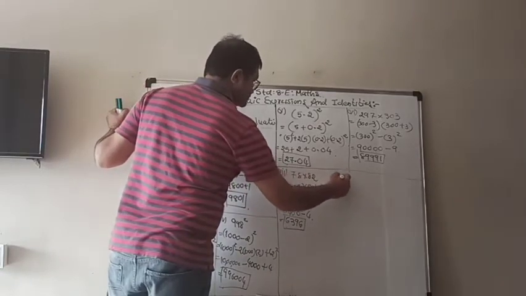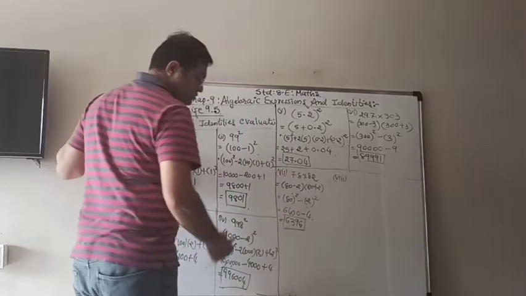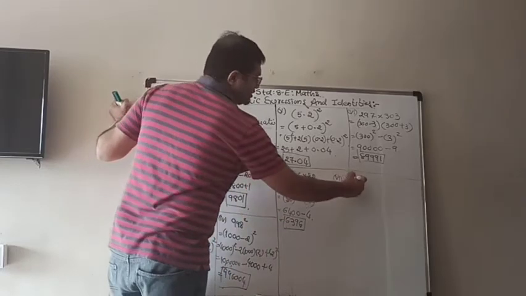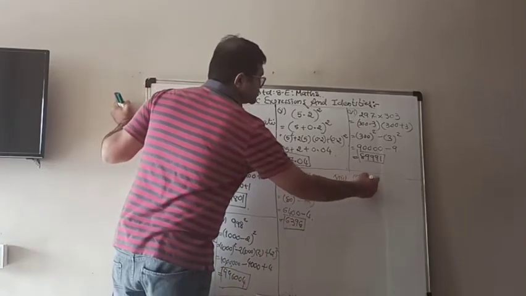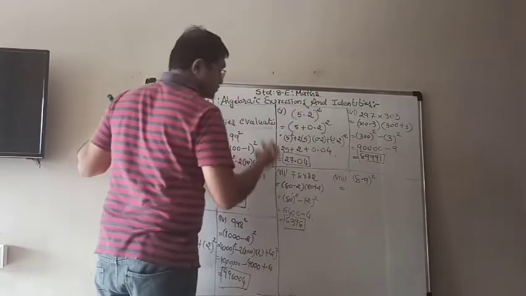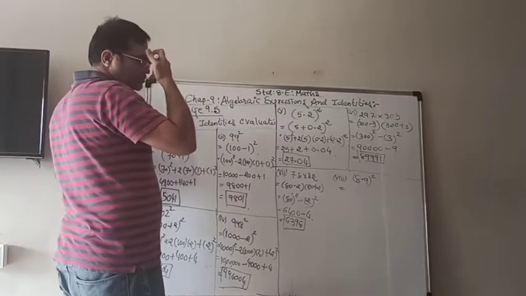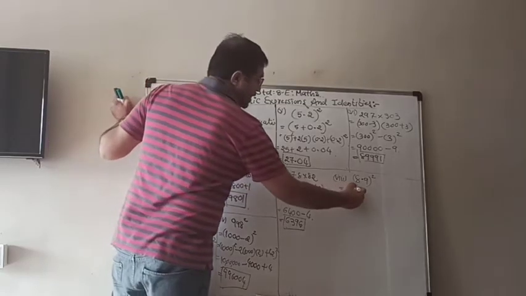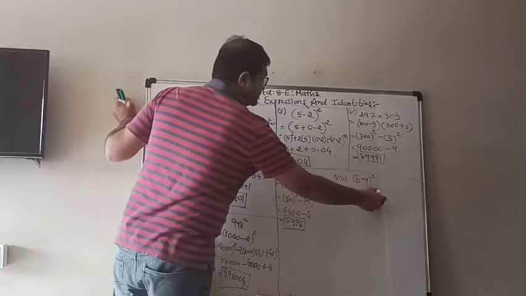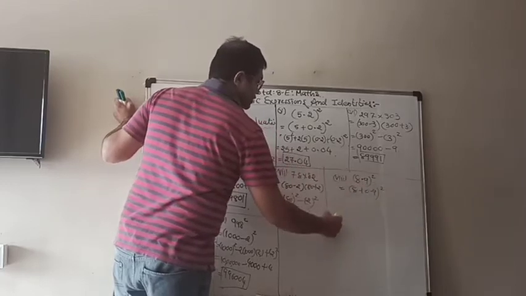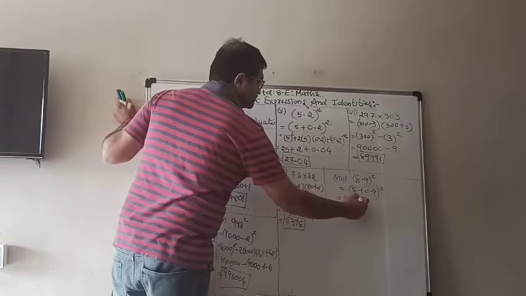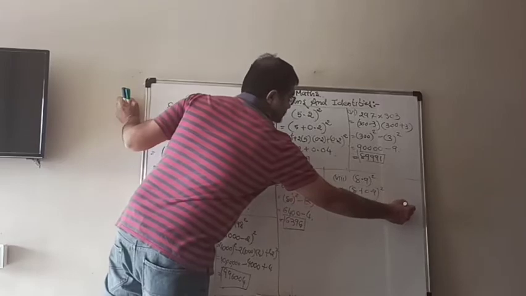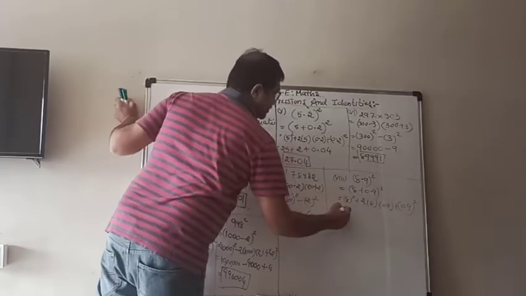Then the eighth one. Number 8 is 8.9 square. So here you can use 8 plus 0.9, that is 8 square plus 2 into 8 into 0.9 plus 0.9 square.